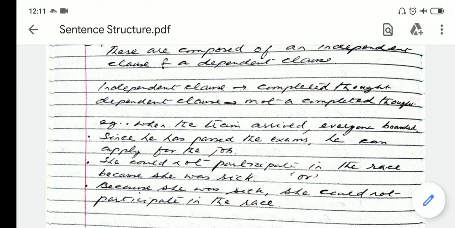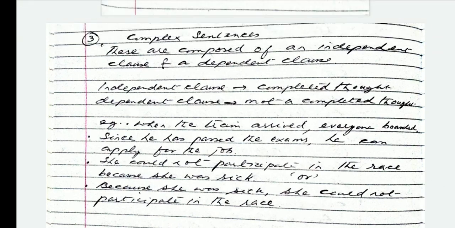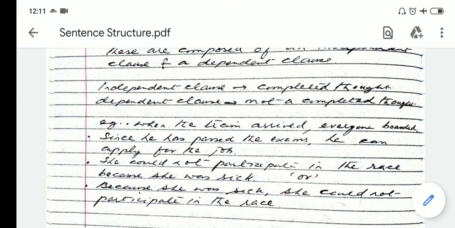But whenever we place the independent clause first and then the dependent clause, we do not separate the clauses in the complex sentence with the comma. So this is the sentence structure. These are the three types of sentences that we have in the sentence structure. That's it for now.